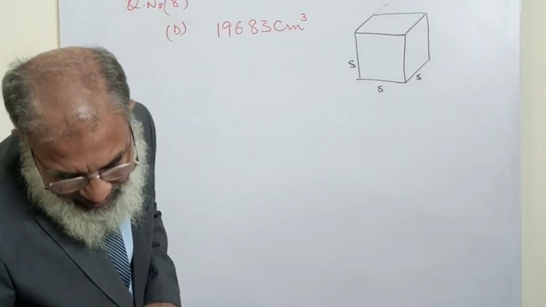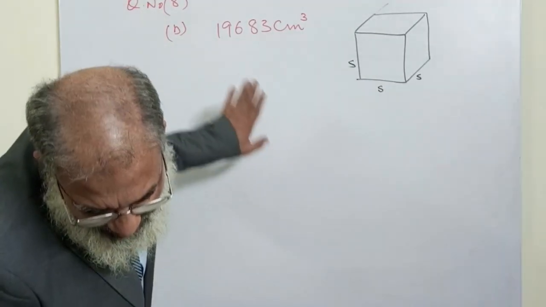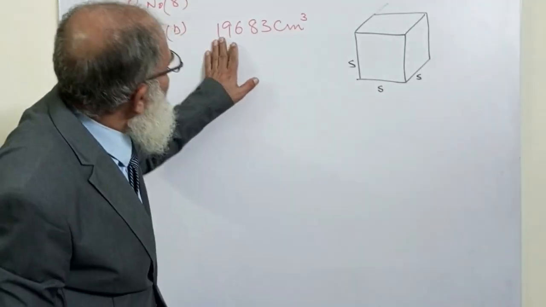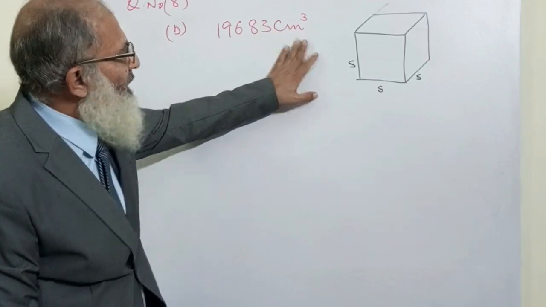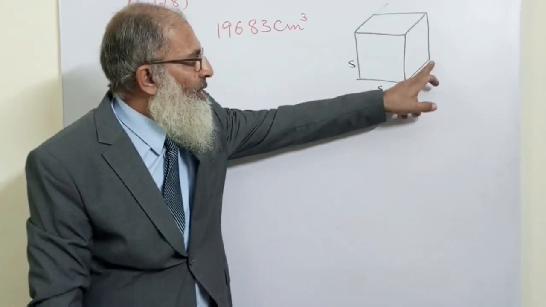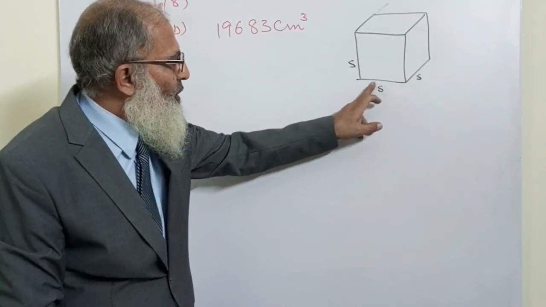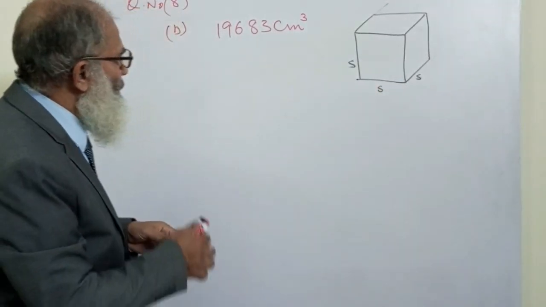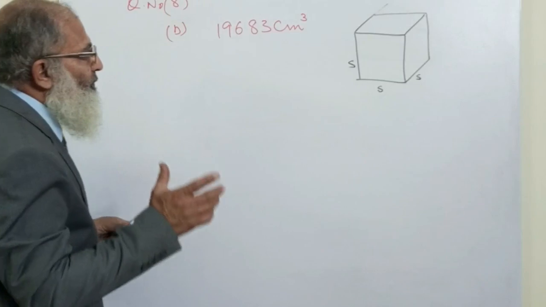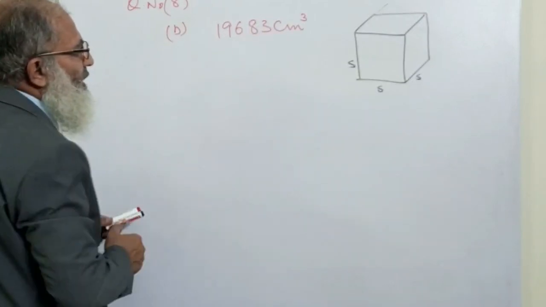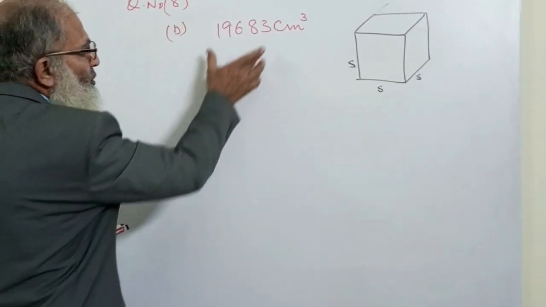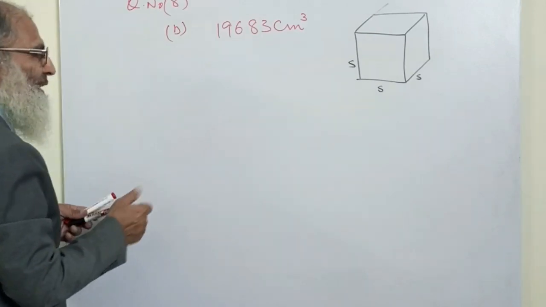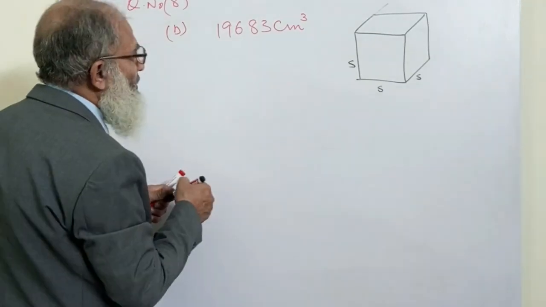Now he has given us this number 19683, and we have to find the edge, or this measure, only one of them. So what we do here, if you are given access to a calculator, you can use it, and if not, then it is a little lengthy question.